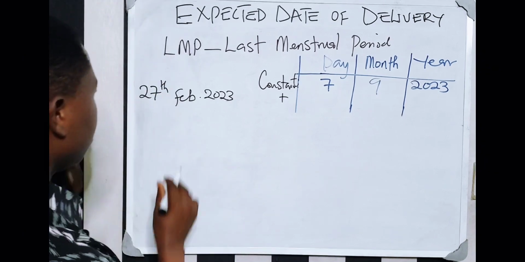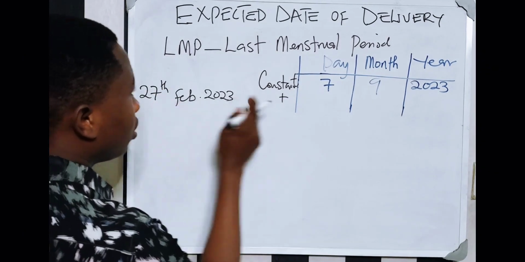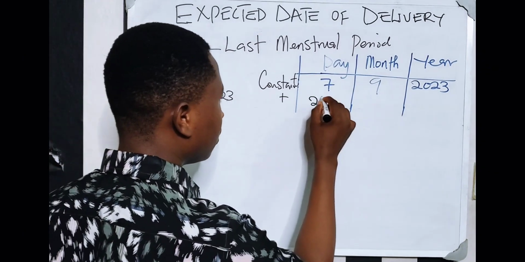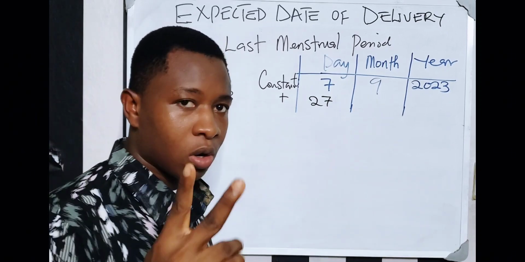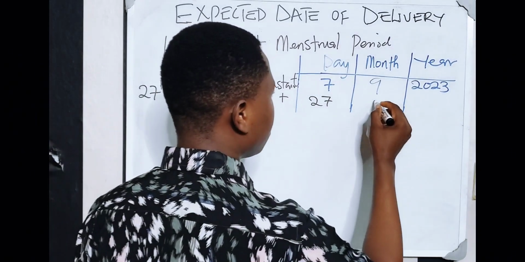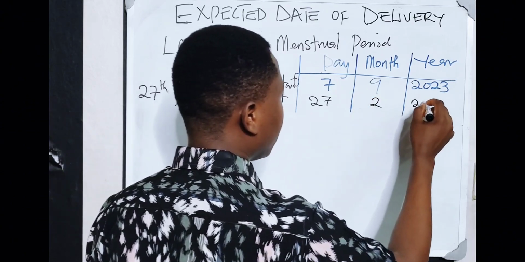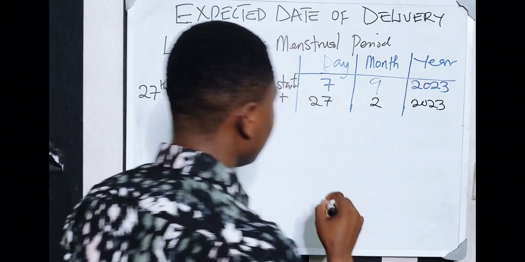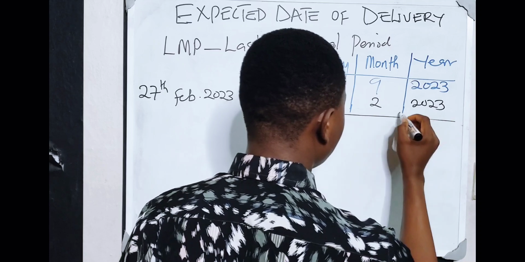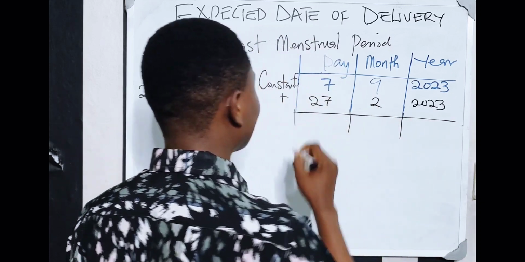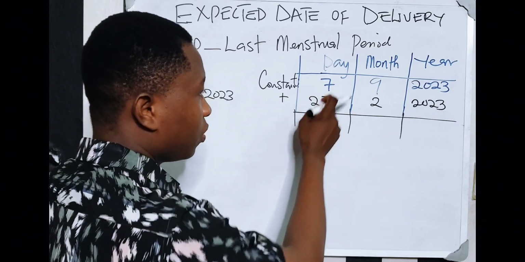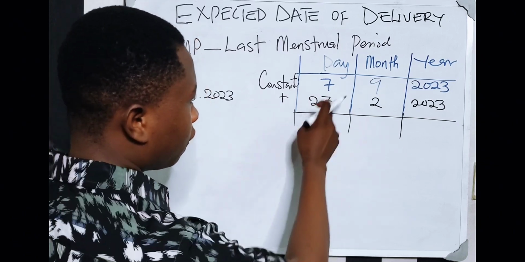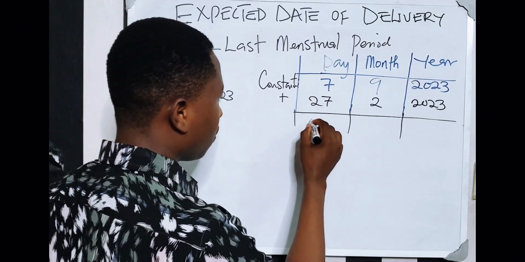So you're going to still input this value. So the day is 27th, so you input 27th. The month is February. February is the second month of the year, so you put 2 and you bring down your year. Okay, now adding this value, 27 plus 7 should give you 34.